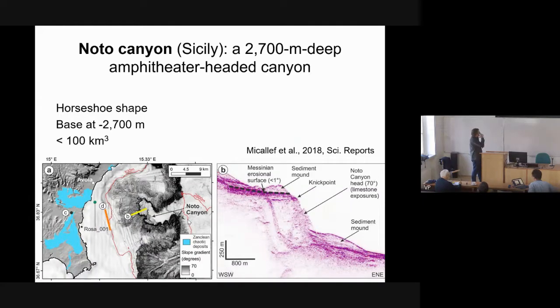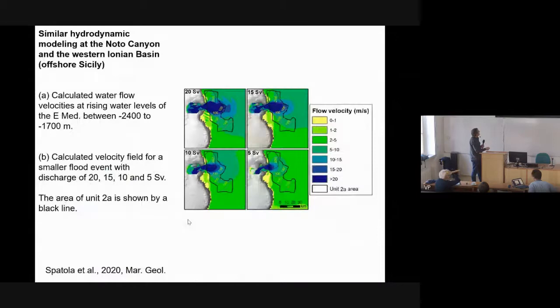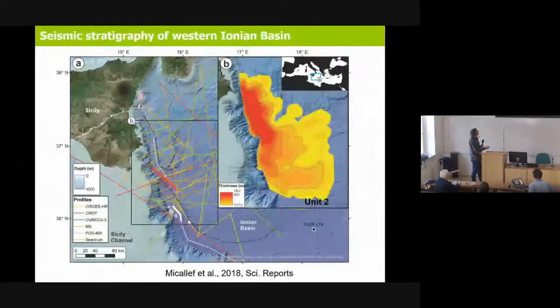And the other interesting feature in the very same area, I forgot to mention, is here. This is Sicily, and this is the Noto Canyon that I will show right now.